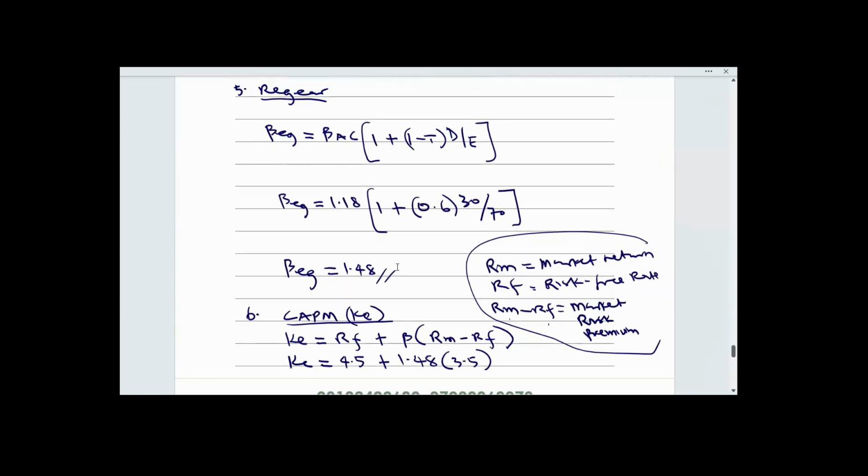So, yes, we are done with cost of capital. It's your responsibility to read your books, so I want to encourage you. This is just one topic that we have been doing for over a month.